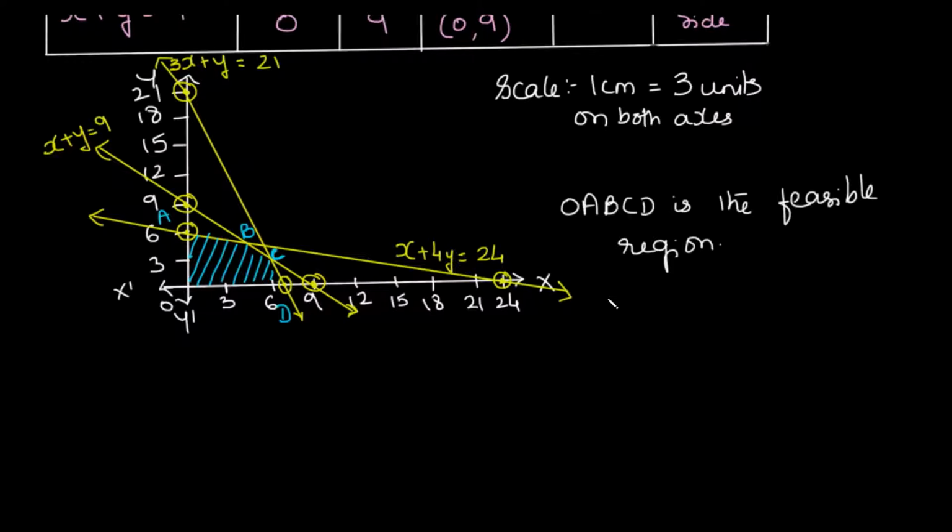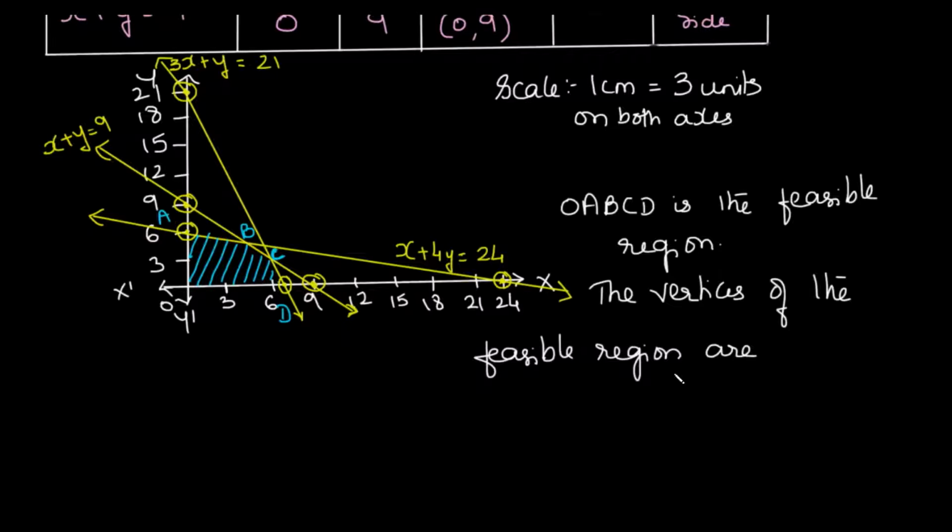Now the vertices are the vertices of the feasible region. That is, the corner points or the vertices of the feasible region are O, having the coordinates 0, 0 because it is the origin.